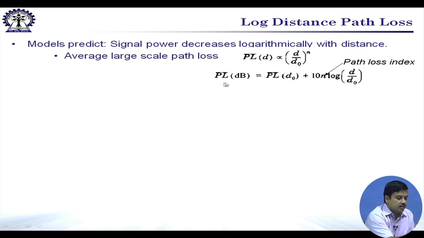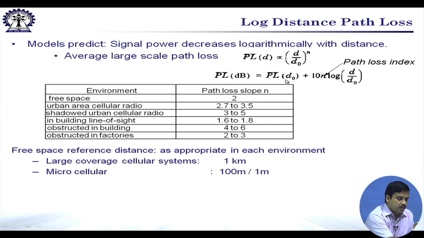Hence you could write PL in decibels as the path loss at d0, the close-in distance. One could measure the PR at d0, that means the received signal strength at d0, plus 10 n p, that is the path loss exponent, times log of d by d0.